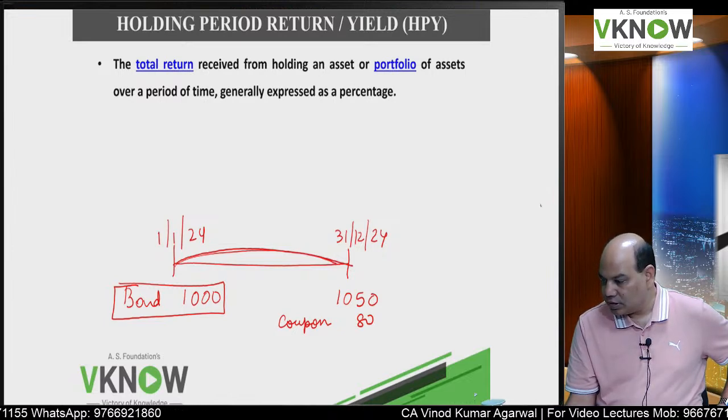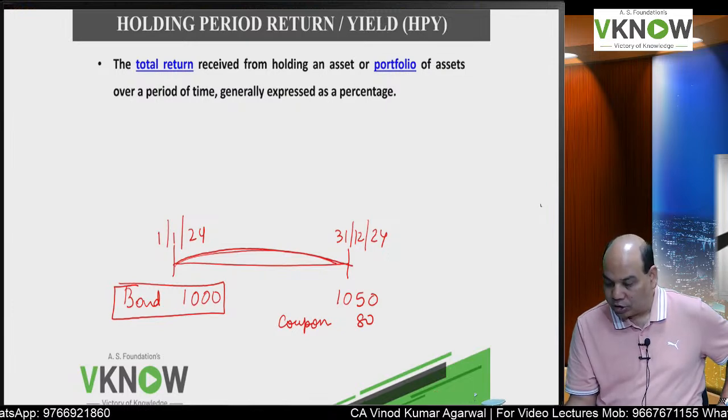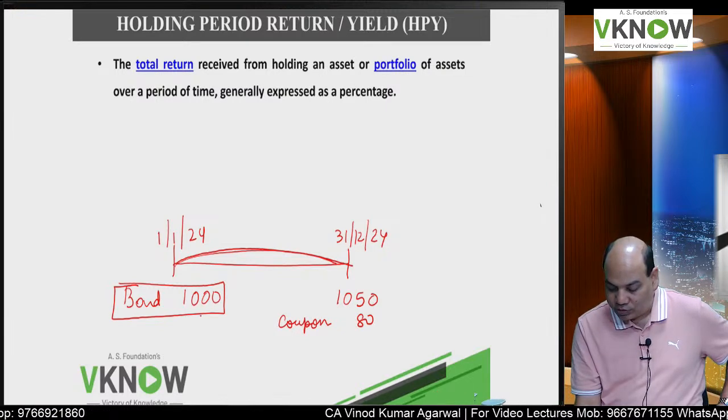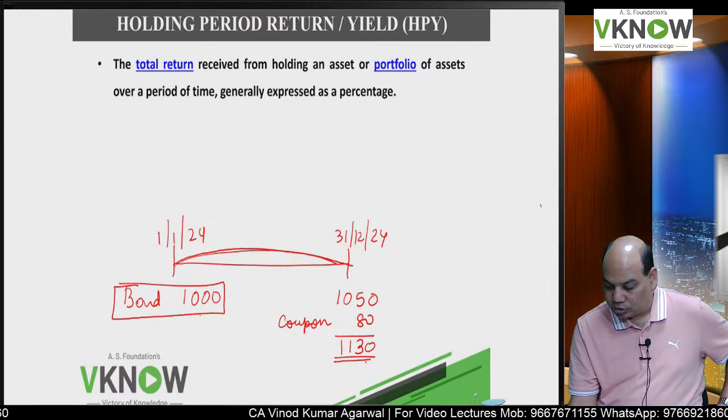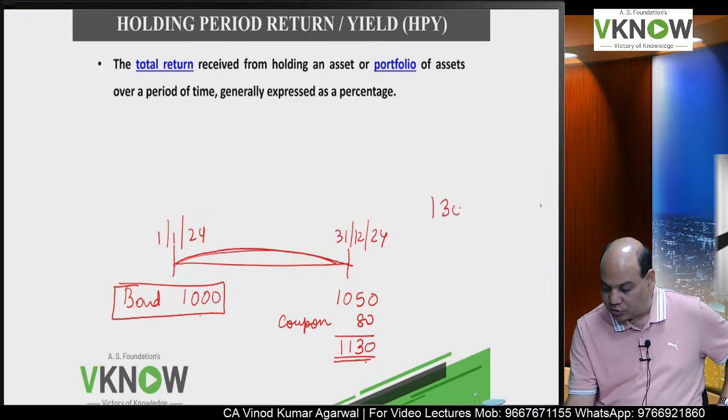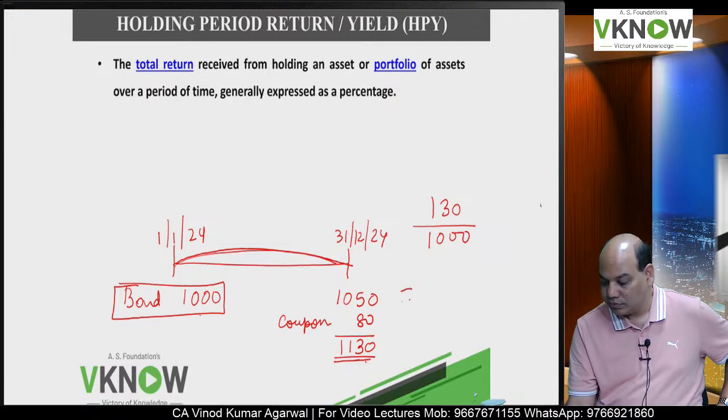One student said 13%. Very good. Is it 13%? How did you get 13%? You invested 1000 and you received 1130. So 130 rupees you earned by investing 1000 rupees. So that is 13%.